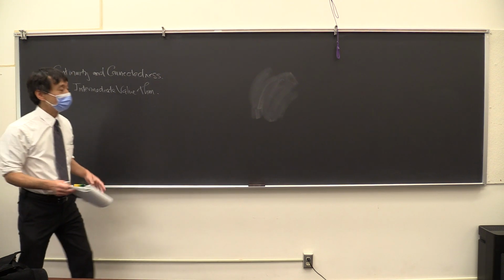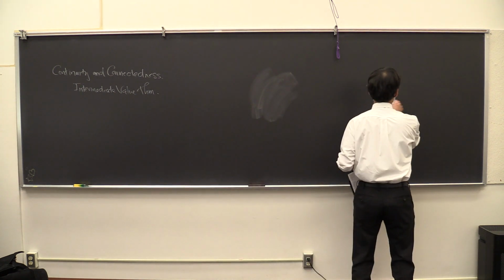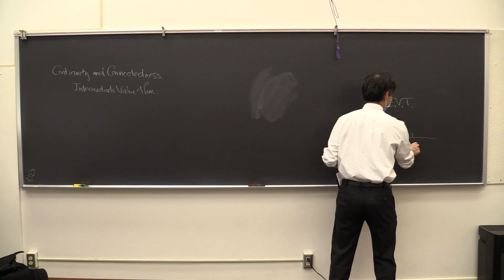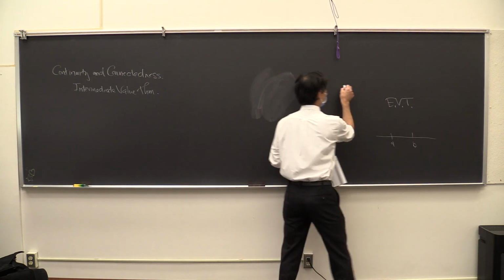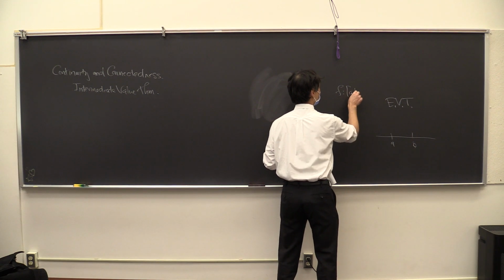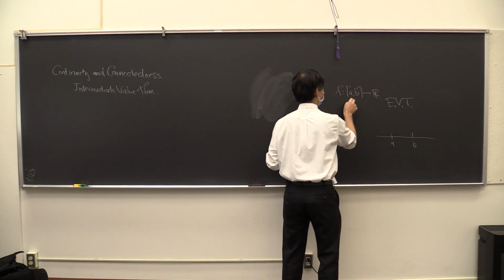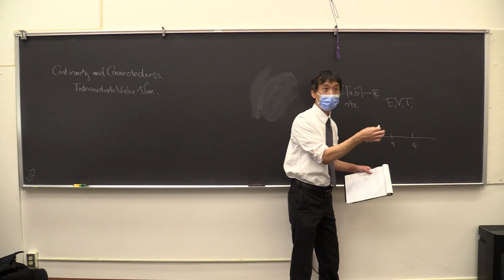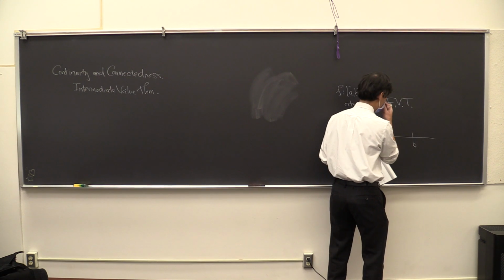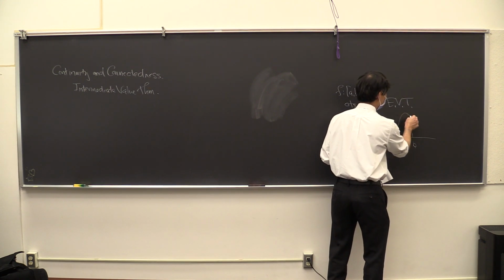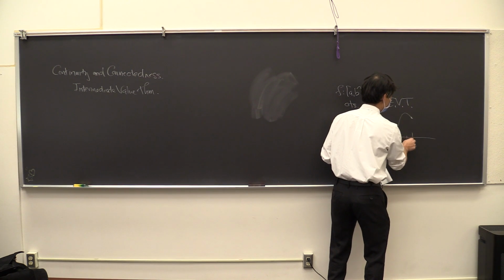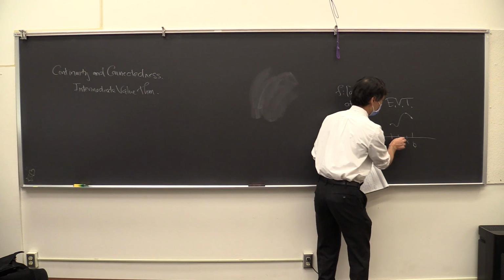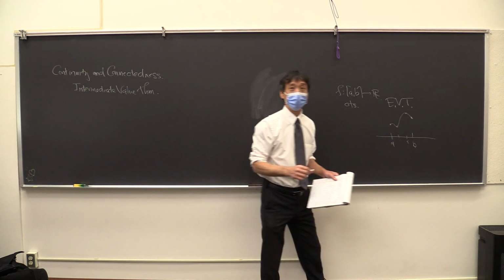Remember the extreme value theorem says that if you have a closed interval and you have a continuous function f on that closed interval, then you're guaranteed a place where the maximum is attained, and a place where the minimum is attained.